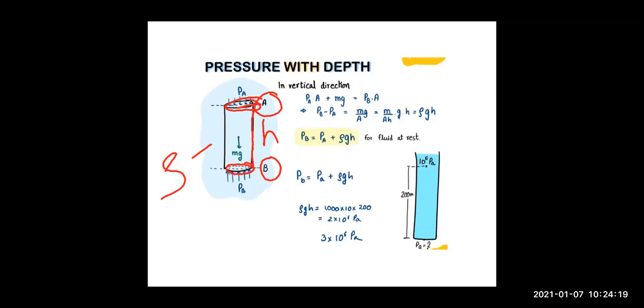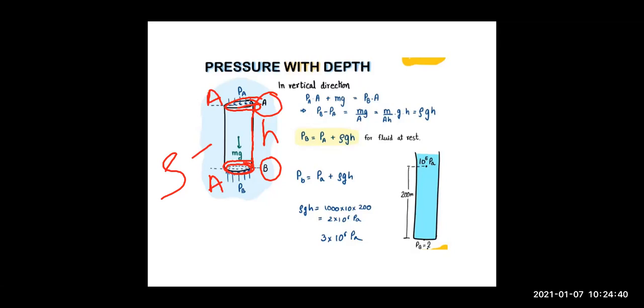H is the height of the cylinder, and let the area of both the bases be capital A. Right, children? So here this is a cylindrical water element.